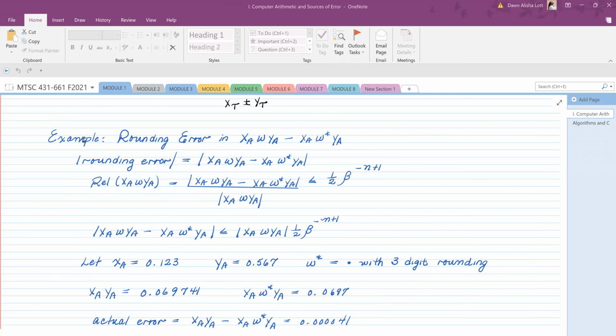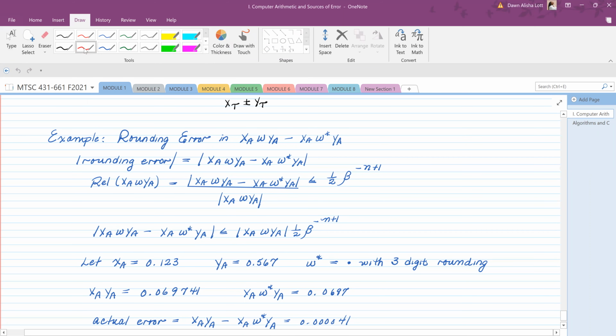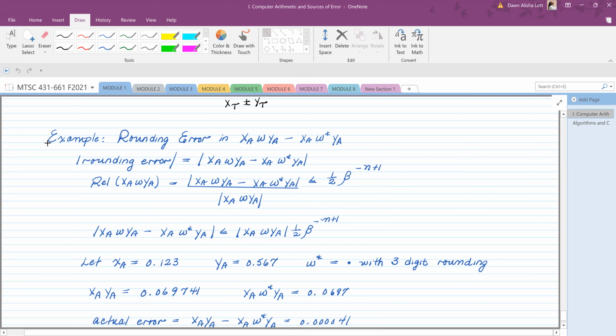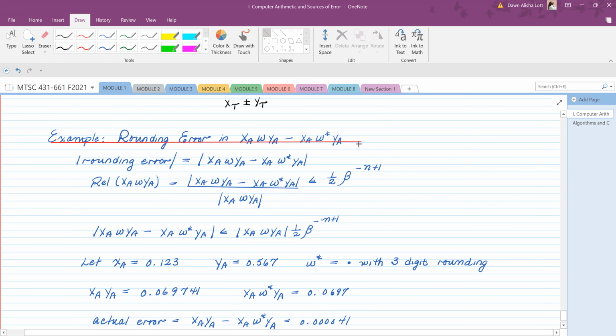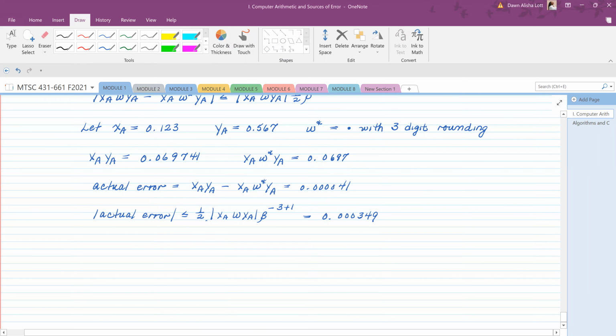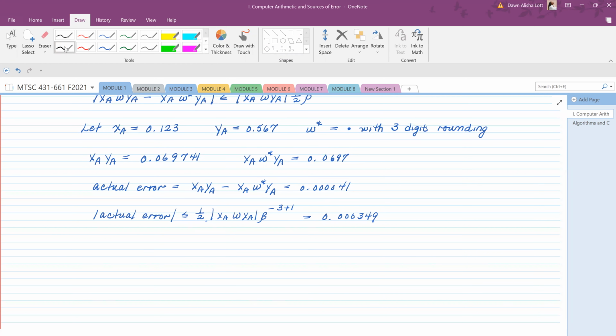So last time we looked at an example for rounding error. And I want to finish up this little section with an example of propagated error.